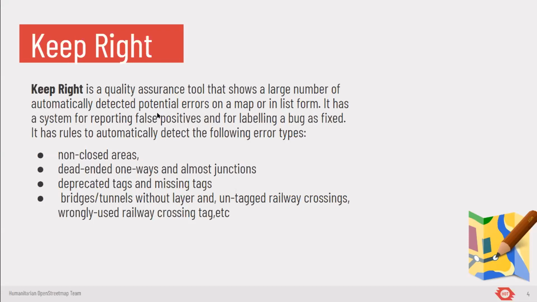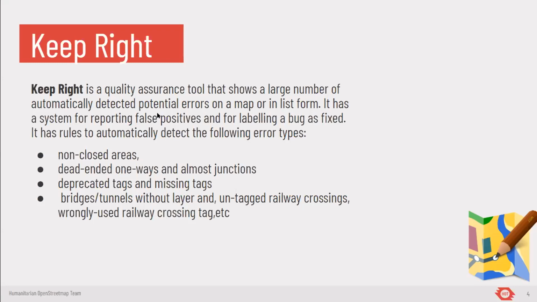Then untagged railway crossings. Remember, when you're tagging and a road is crossing a railway line, there should be a tag there, the way you put a bridge.